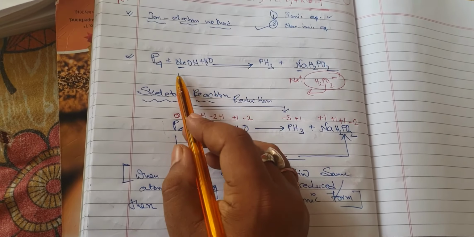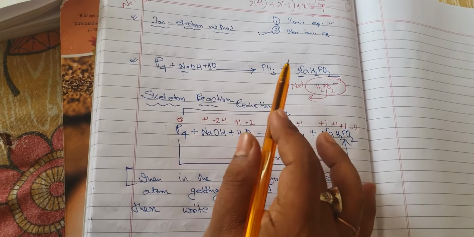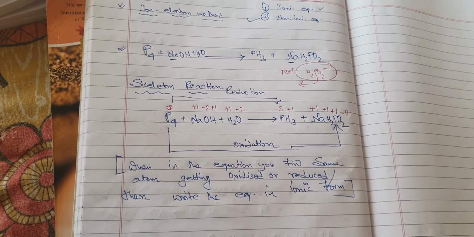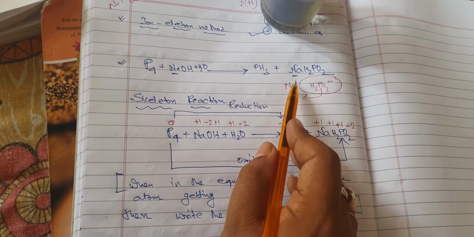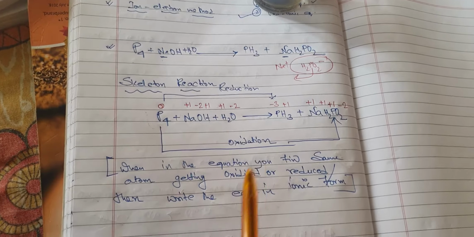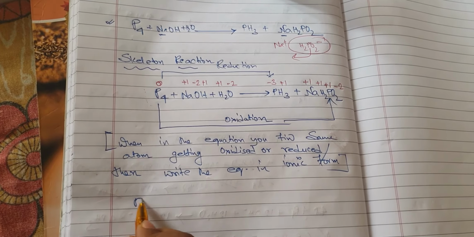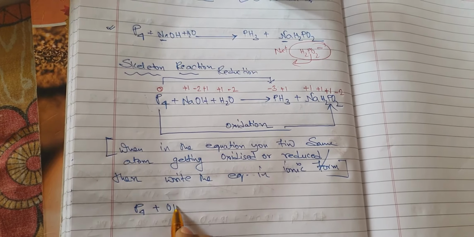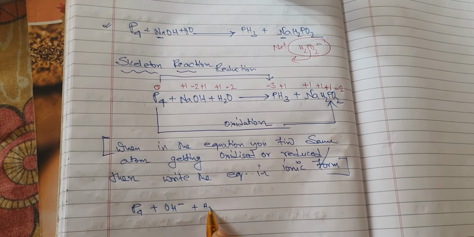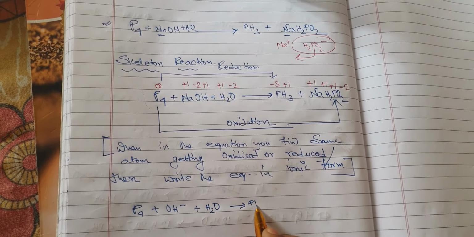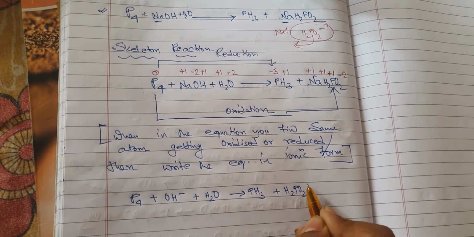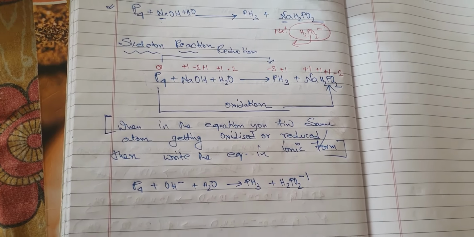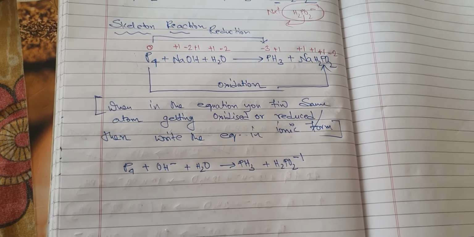So what you should write: P4 plus OH minus plus H2O gives PH3 plus H2PO2 minus. Just write like this. So it becomes the ionic equation.